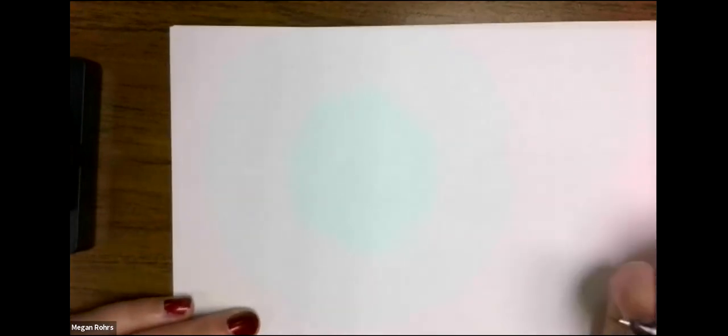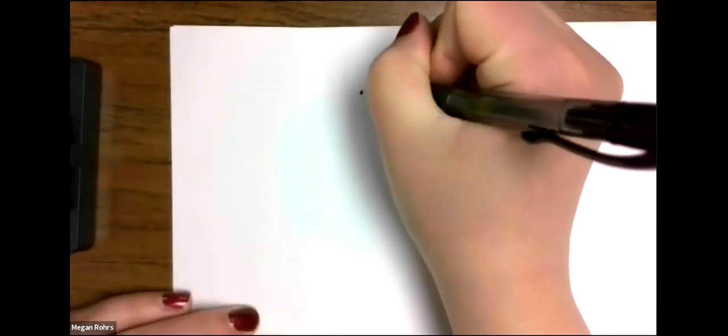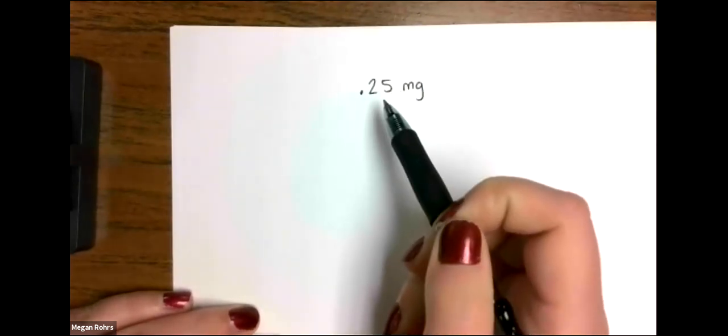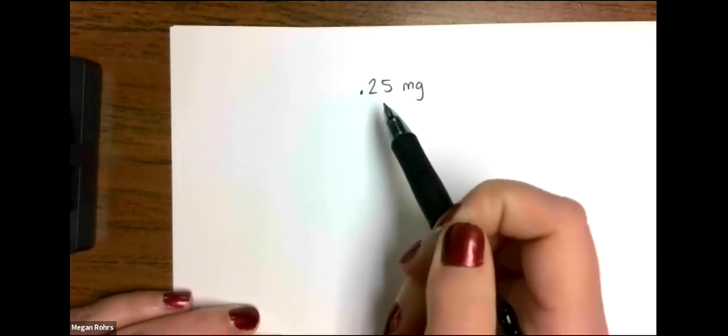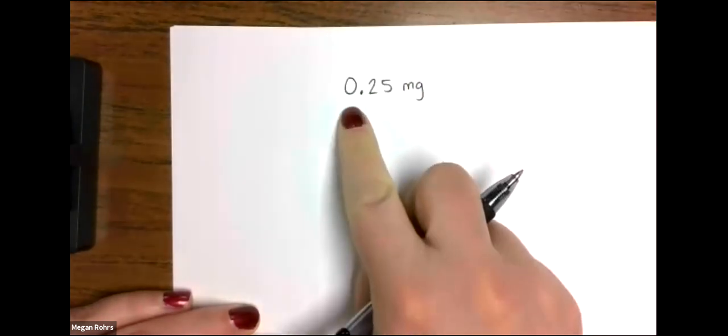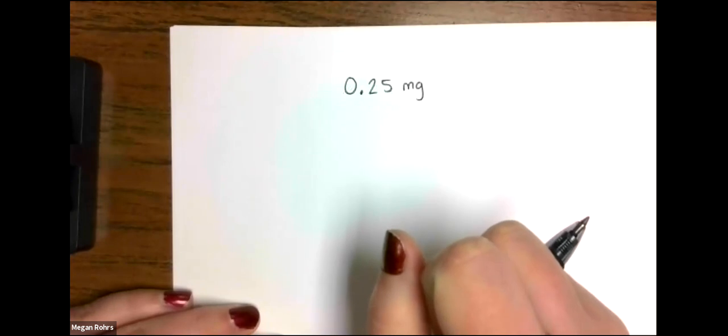So if we have the measurement .25 milligrams, and I just leave this here, it's really easy to glance at this and think that this says 25 milligrams. Okay, so we always need to indicate a leading 0, a 0 going before our decimal point.